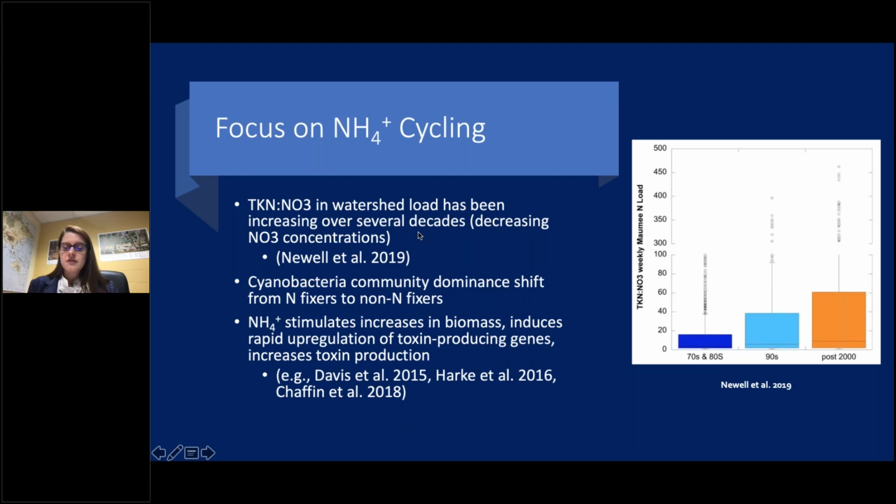That's mostly due to decreasing nitrate, but still the ratio itself has changed. And we know that in Lake Erie, the cyanobacterial community has shifted, like I said, from nitrogen fixers to non-nitrogen fixers. And there's also a preponderance of evidence now that shows that nitrogen stimulates increases in biomass, upregulation of toxin-producing genes, etc.